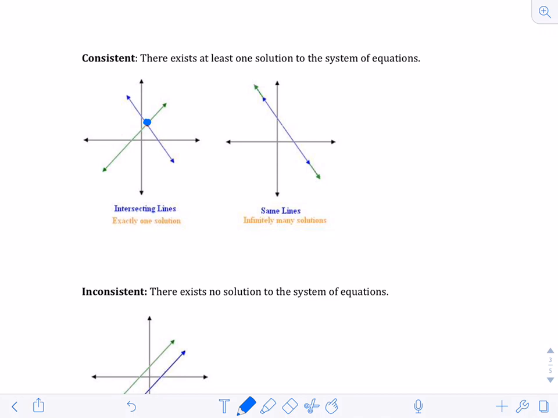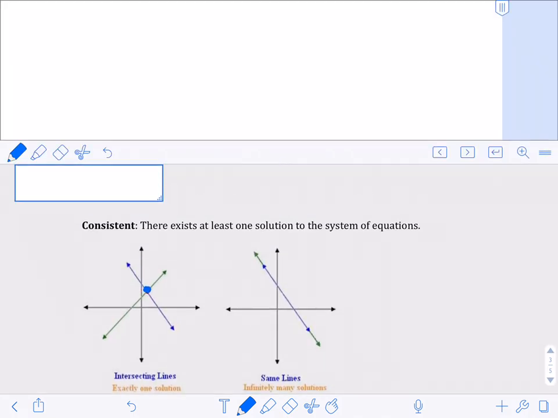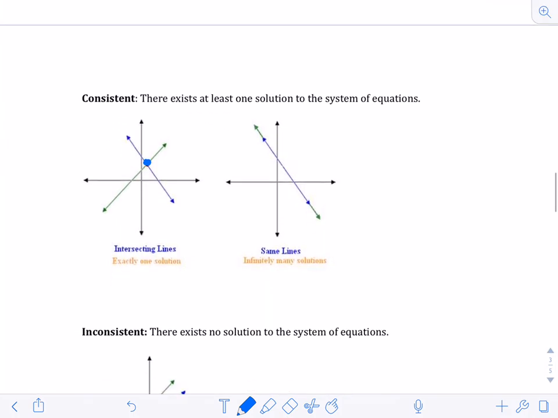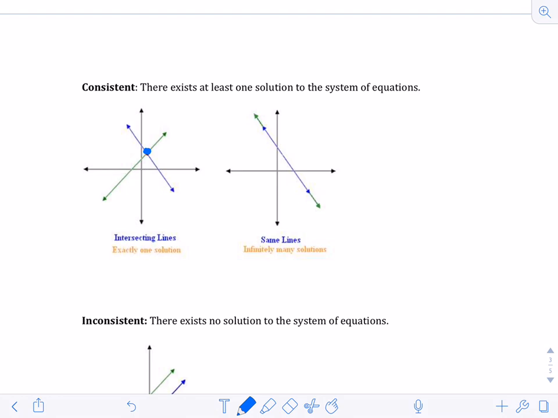However, what if the two lines happen to lie on top of each other? Well, then they would be the same line, and instead of meeting in one spot, they would meet in an infinite number of spots. This too would be considered a consistent system. And that is why we say that there exists at least one solution. You can either have one or you can have infinite.